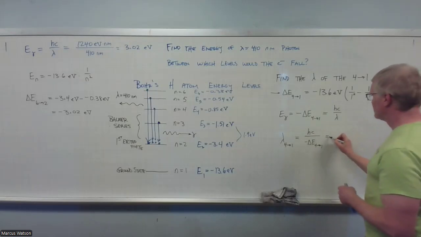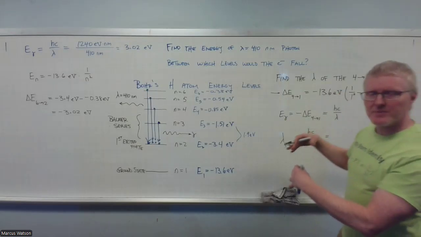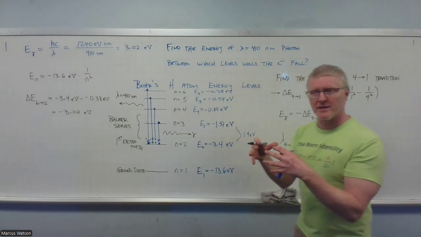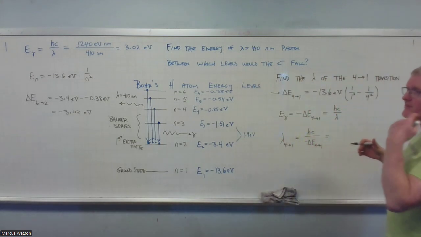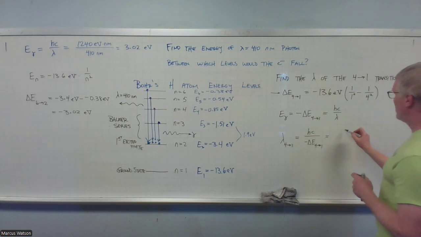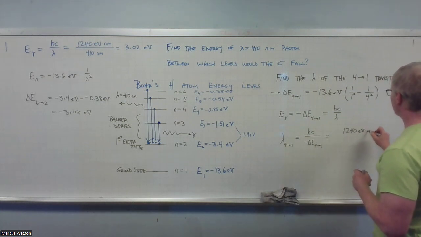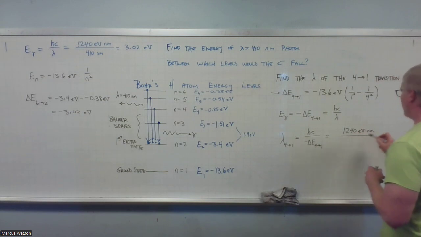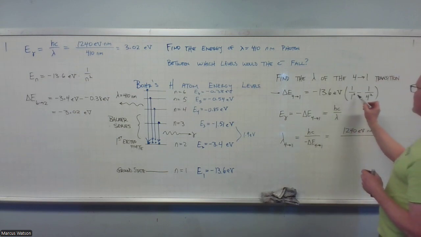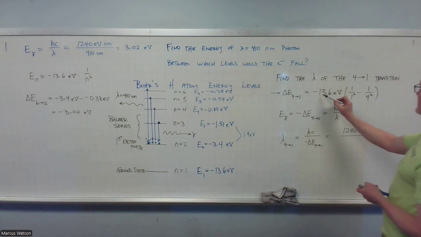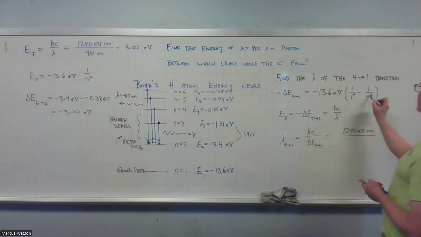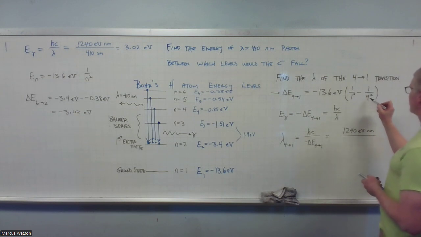Okay? So you can just algebraically squish all this together so that it is a one-step process, if you like. What we'll do here is say it's 1240 eV nanometers divided by, and this process here is essentially 13.6 times, that's a 16, so this is about 0.84.